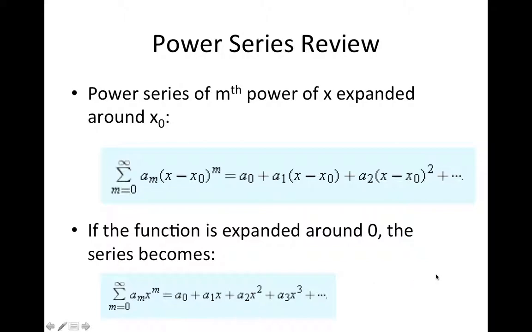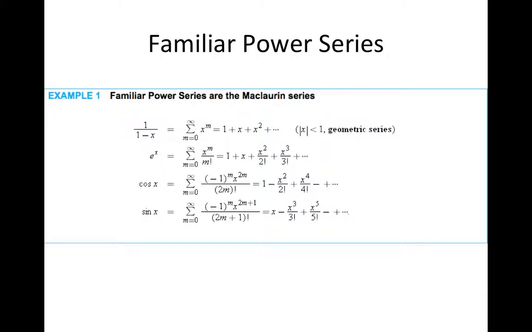So, there are all kinds of familiar series. Here are some examples. 1 over 1 minus x can be written as a series: 1 plus x plus x squared plus x cubed and so on. The exponential function has a classic series. The cosine, another classic series.